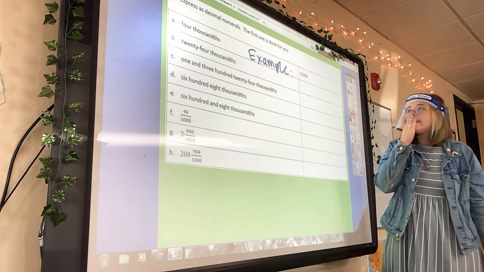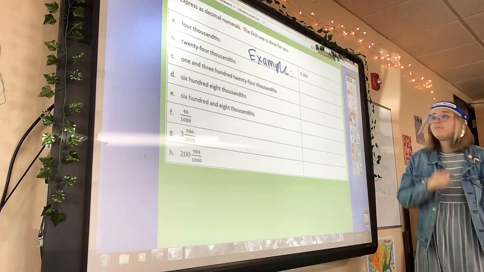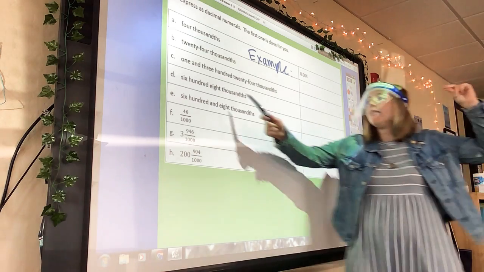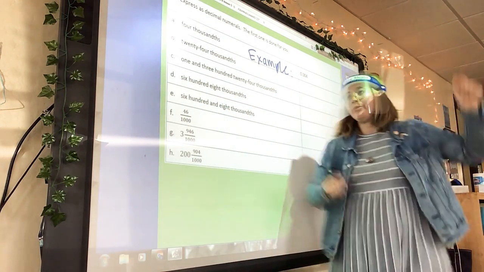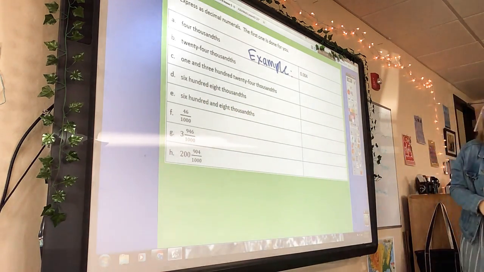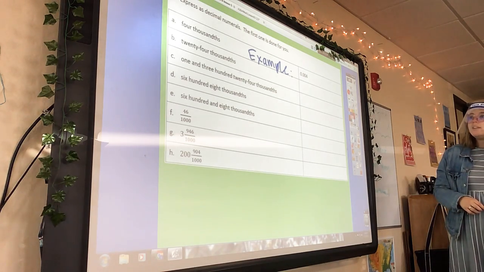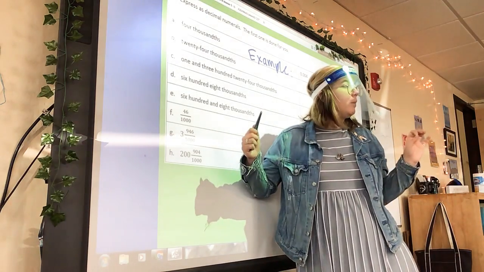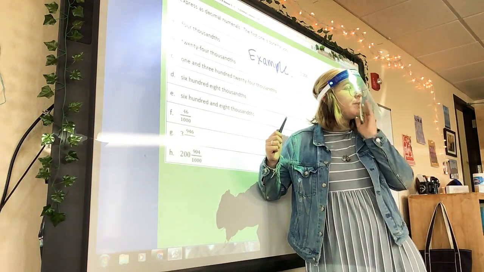All right, let's look at C. When I snap my fingers, can you as a class read C to me? Are you ready? Good. So, check it out. This part's super important, okay? If you want to write this in your notebook at some point, you can.